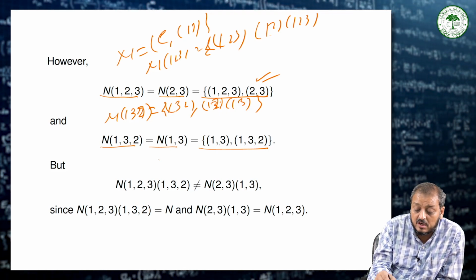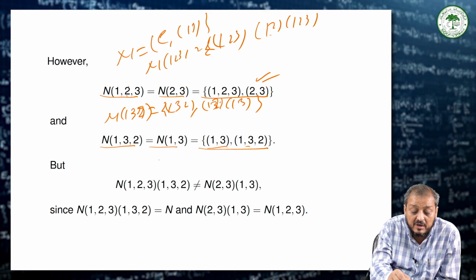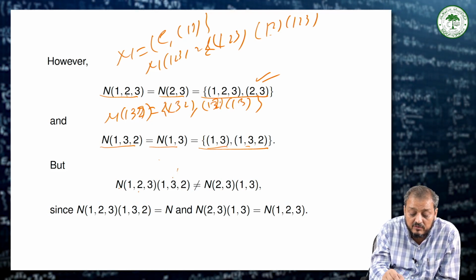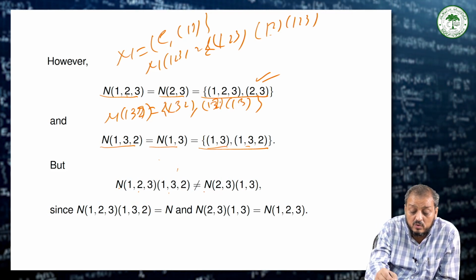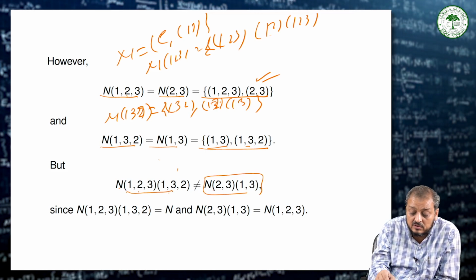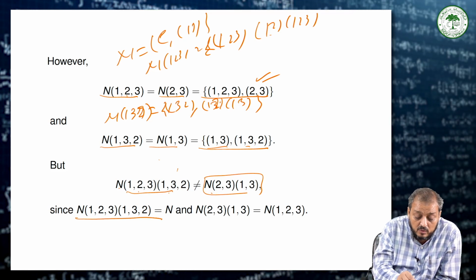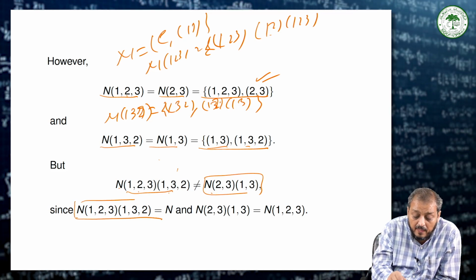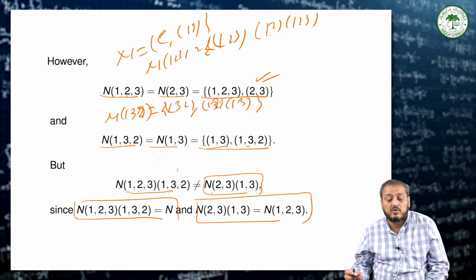Then if you multiply N(1 2 3) and N(1 3 2), the product is N, and this is not equal to N(2 3) times N(1 3).